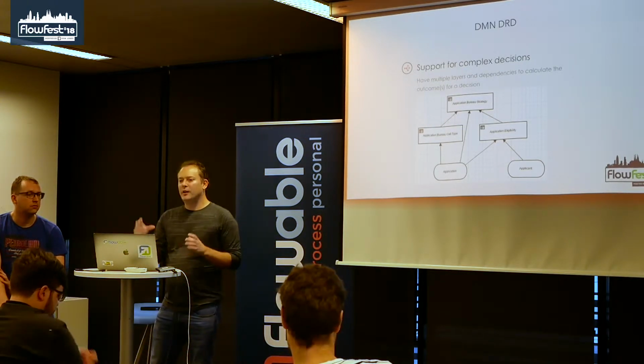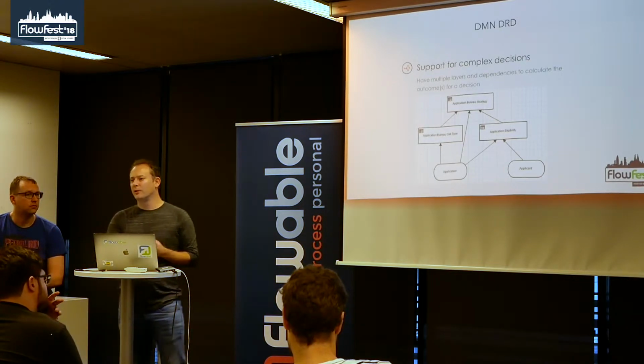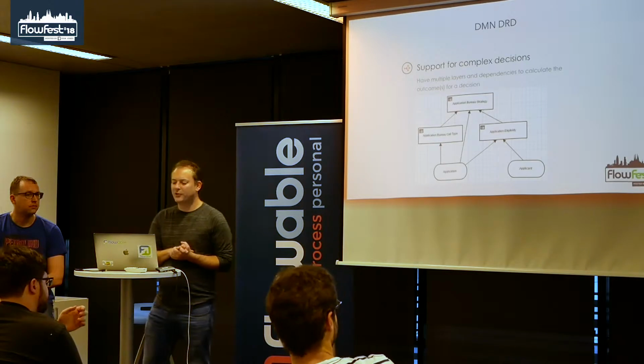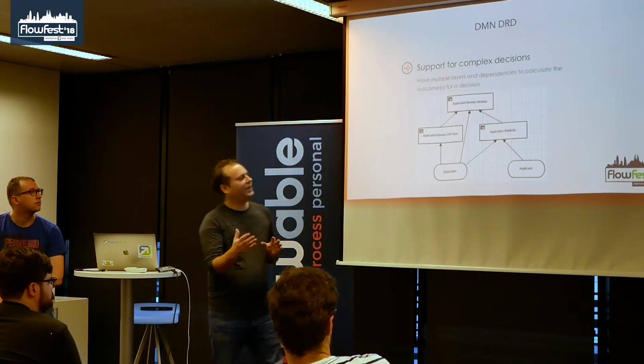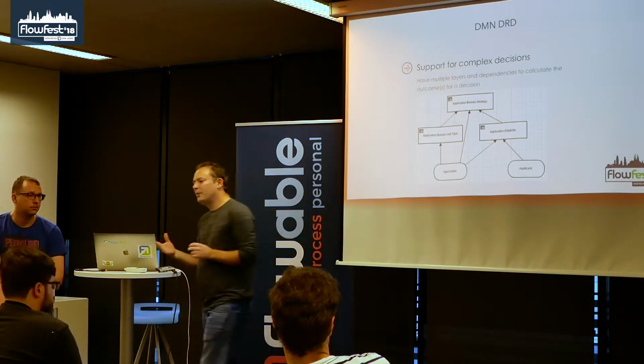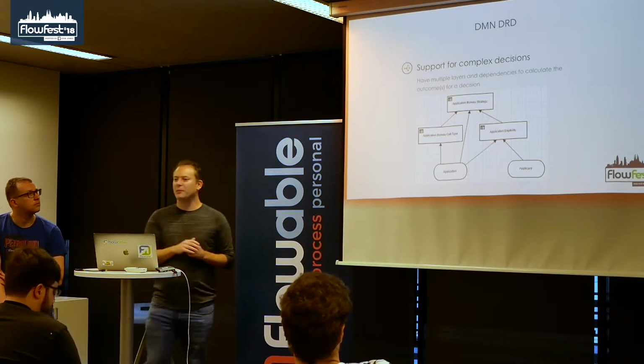Currently, if you use the DMN engine, it's executing a single decision table, and you get the outcome back directly. But DRD gives you the option to say, actually, as part of this calculation, I don't have one decision table, but I have 3 decision tables.